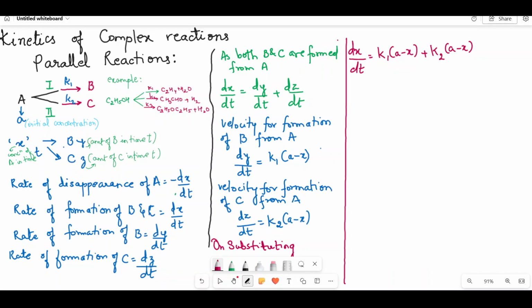On solving this, taking out a minus x as common, we will get k1 plus k2.